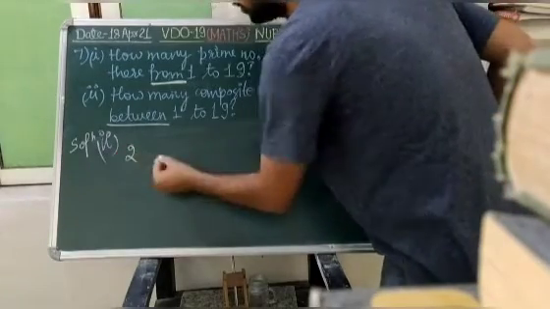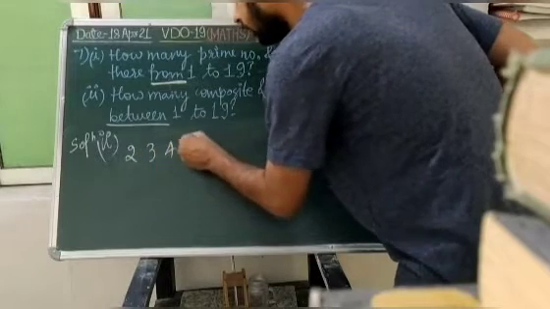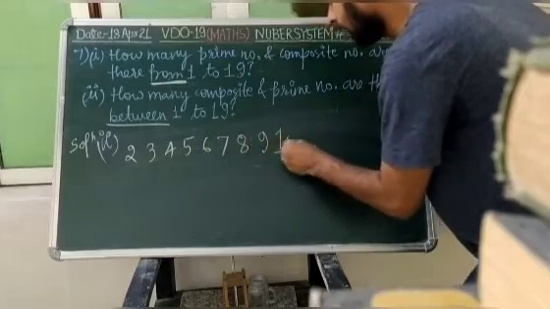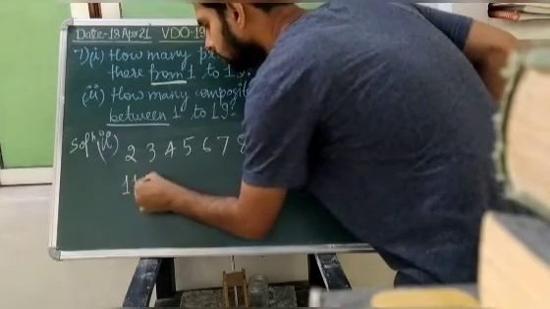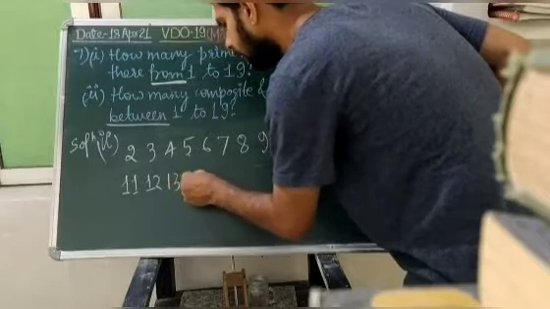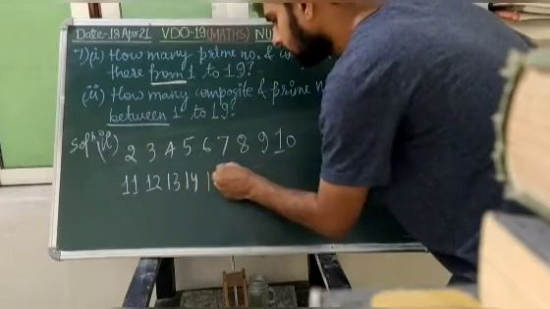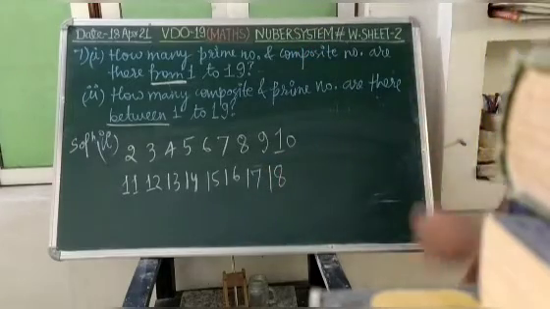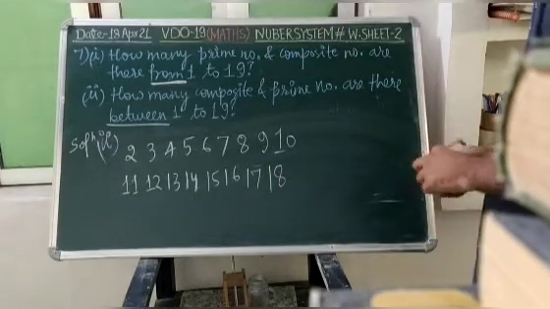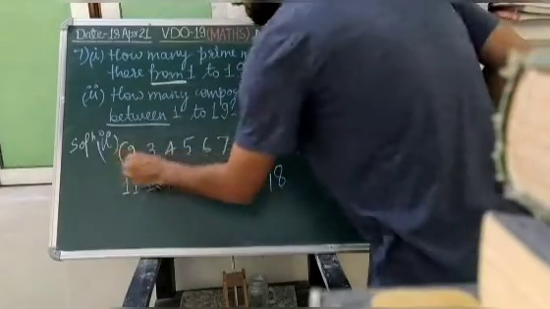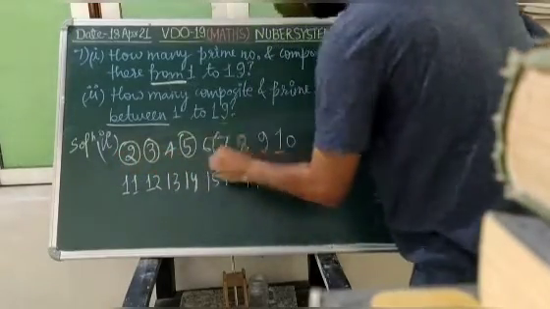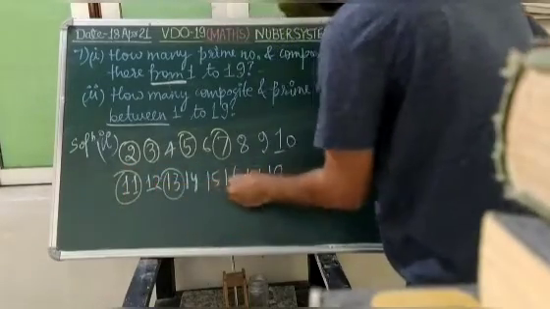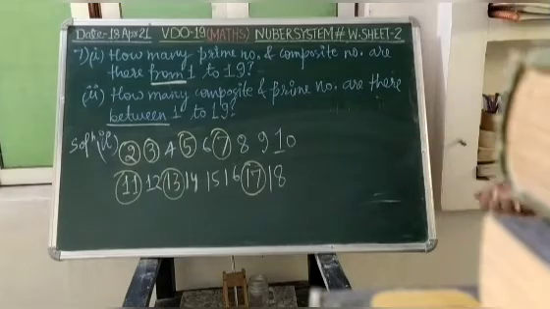We shall start from 2, 3, 4, 5, 6, 7, 8, 9, 10, 11, 12, 13, 14, 15, 16, 17, 18 and 19 we will not write. And the prime numbers: 2 will be your prime number, 3, 5, 7, 11, 13 and 17 will be your prime numbers.